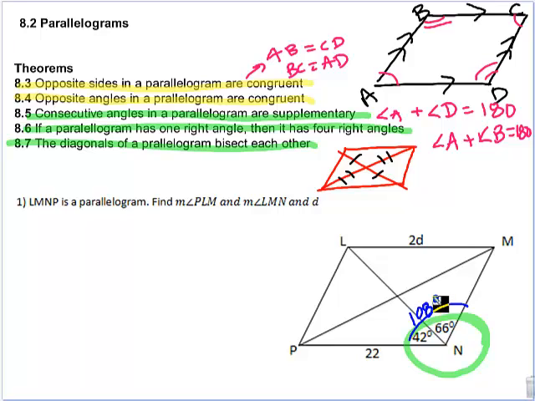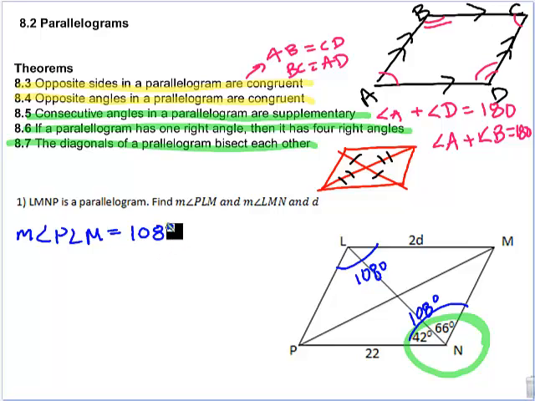Okay, so if that's 108 degrees, what else is 108 degrees? Yeah, the L. This whole angle L here would also be 108 degrees. Is that our PLM that we're asking for? PLM? Yep, so measure of angle PLM is equal to 108 degrees.